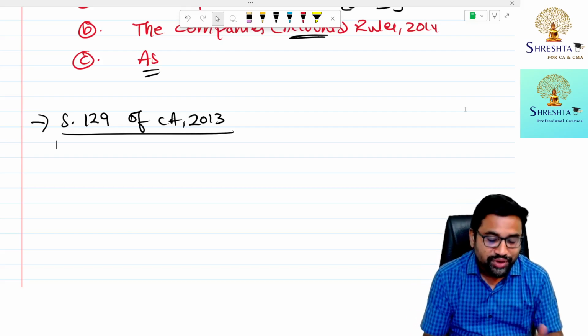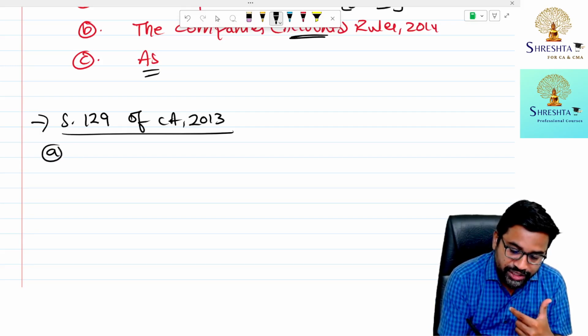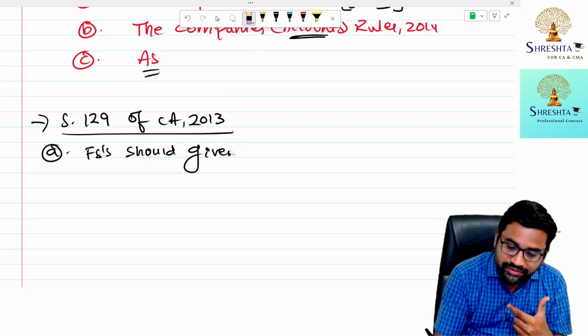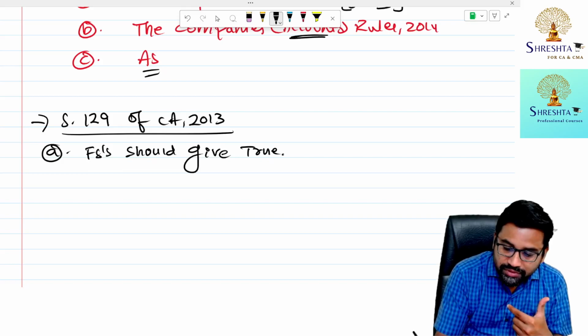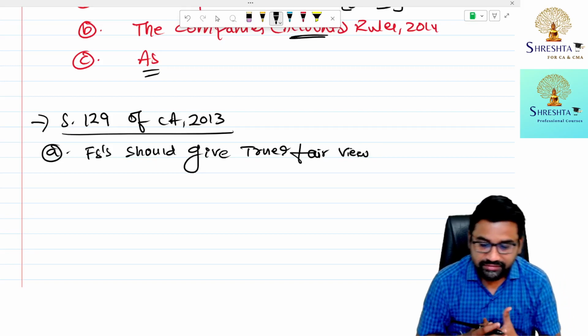So what is 129 saying? First point, financial statements should always give a true and fair view, and always reflect this true and fair view.